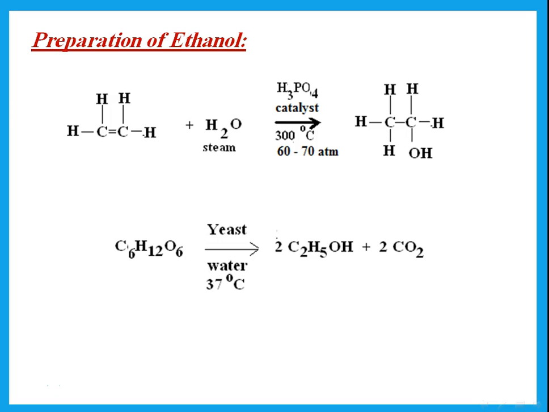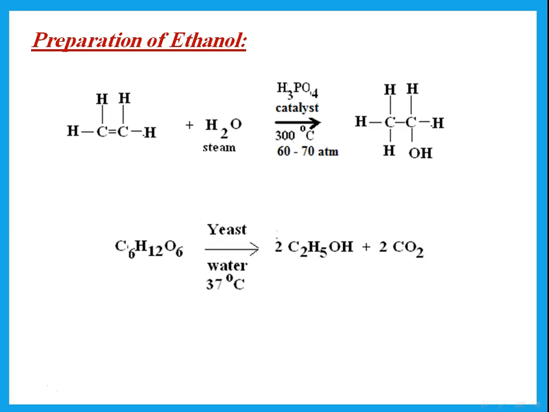I make ethanol from ethene. How do I do that? By adding steam to ethene in presence of phosphoric acid catalyst, 300 degrees centigrade, 60 to 70 atm, and that gives me ethanol. Now, the advantages of this is that this is a very quick reaction, and my only product is ethanol, so my product is pure.